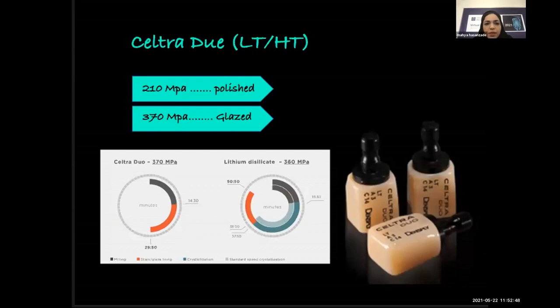But if we put it in the furnace and do a further heat treatment, the flexural strength reaches 370 megapascal. The main advantage of this material is the time-saving ability for the production of dental restorations, since they are faster for milling machines and they can be used in their polished states.